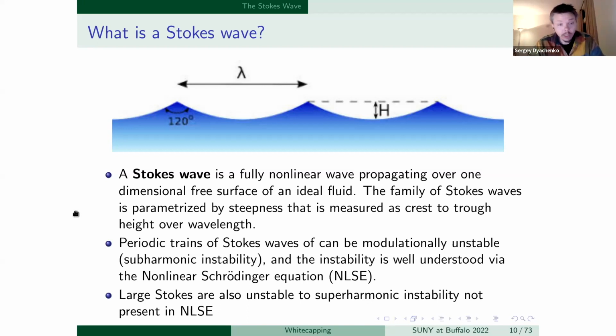But it turns out that large amplitude Stokes waves are also unstable to superharmonic instabilities that are strongly localized near the crest of the wave, and presumably they lead to overturning of steep ocean waves.